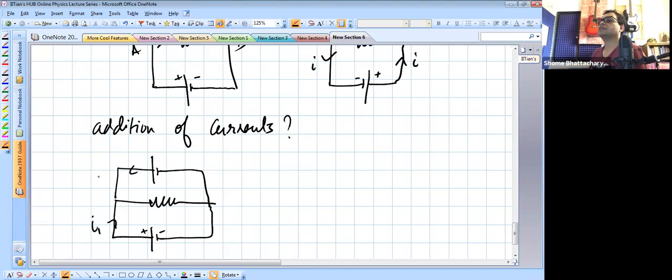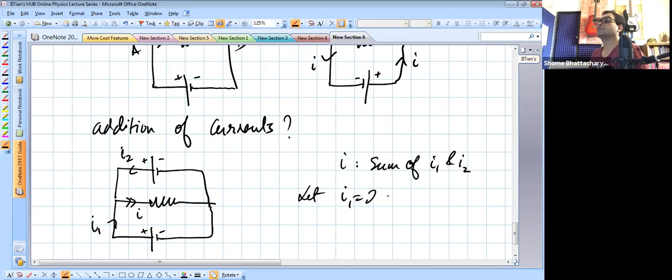This is sending in a current I2. And the resultant current here becomes I. So we have the relation that I is the sum of I1 and I2. So suppose I1 is 2 amperes and I2 is 3 amperes. What can we say about I? It will always be 5 amperes. There's no doubt about it.